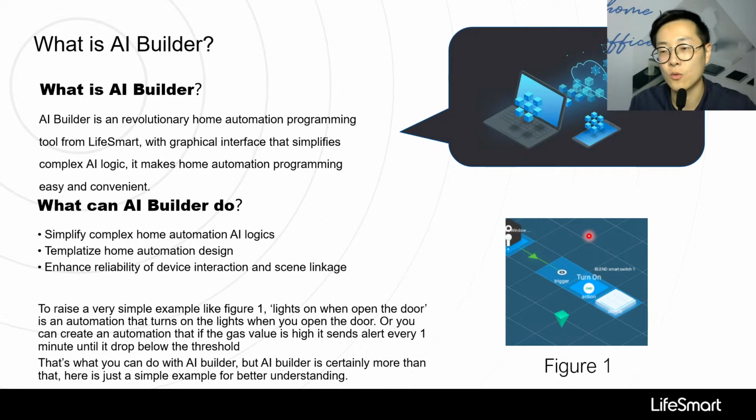So that's what you can do with AI Builder. But AI Builder is certainly more than that. Here is just a very simple example for better understanding. So later we will also use that example and add more components onto it to make it more versatile and functional.